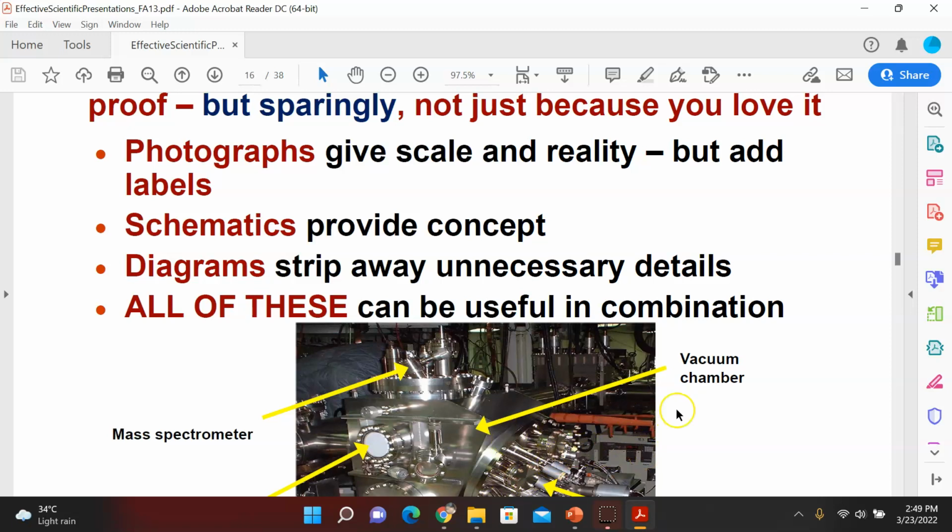So you might want to show things like, okay, here's the vacuum chamber, here's the mass spectrometer, and things like that. So these are informative, what I call, things that you can actually put on your slides. Because otherwise, if you just have the picture, then it will not convey too much. It will convey that you have this complicated looking thing, and that's it. Okay.